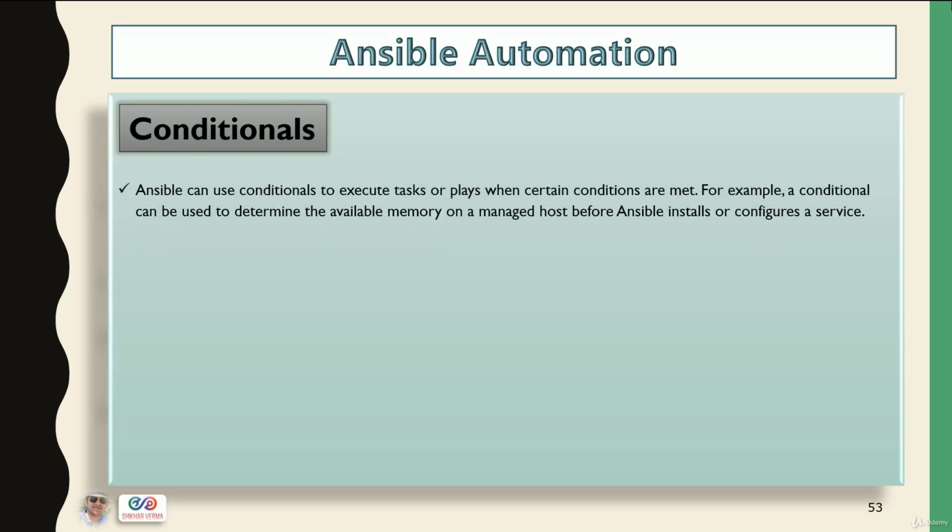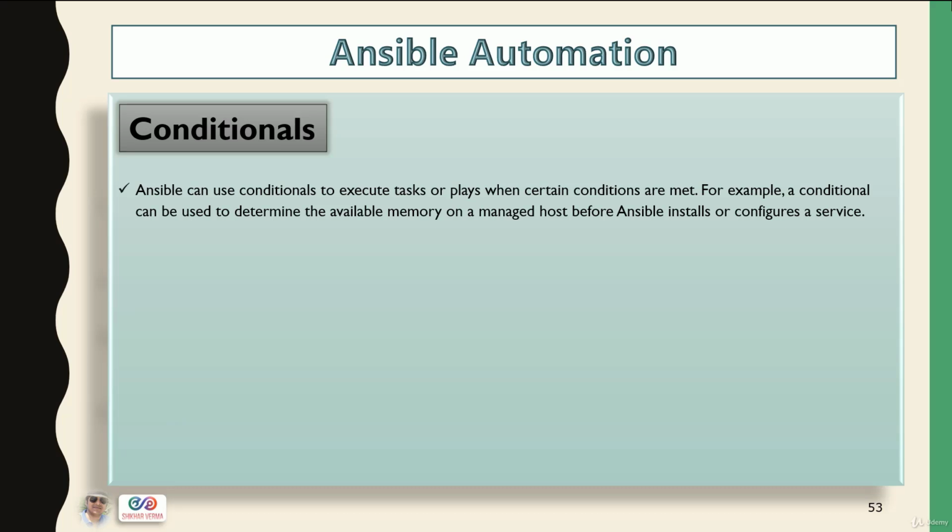Ansible can use conditionals to execute tasks or plays when certain conditions are met. For example, a conditional can be used to determine the available memory on a managed host before Ansible installs or configures a service. Suppose I want to install a package on all of my managed hosts.